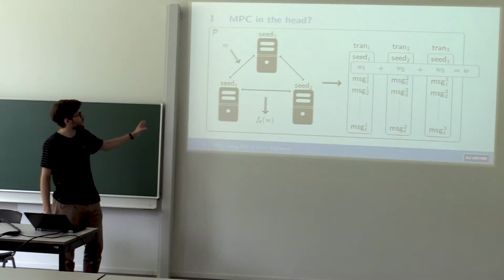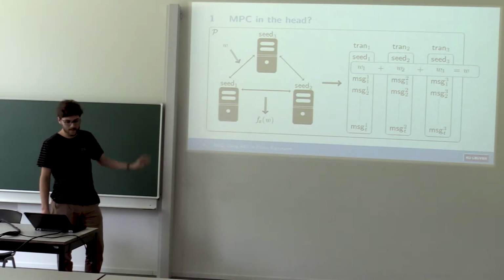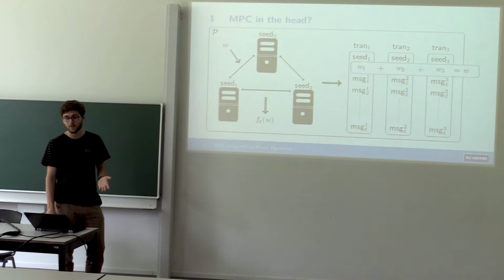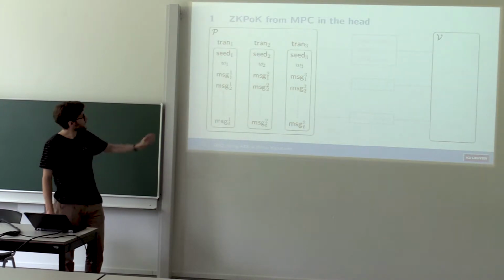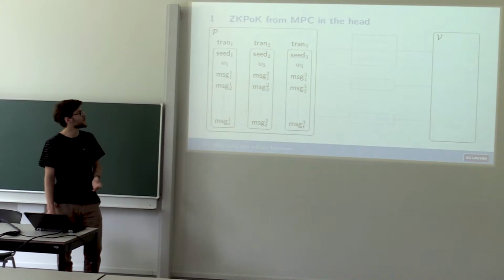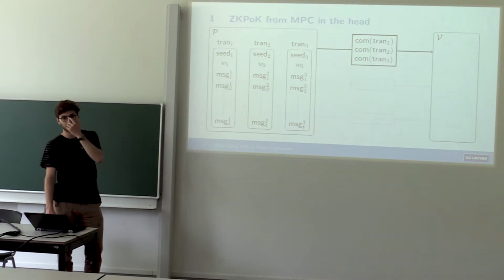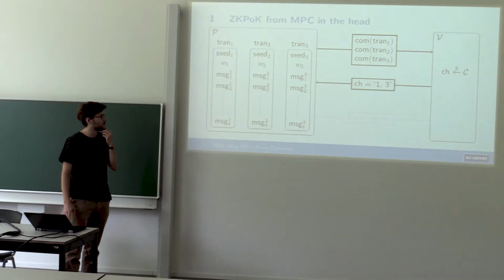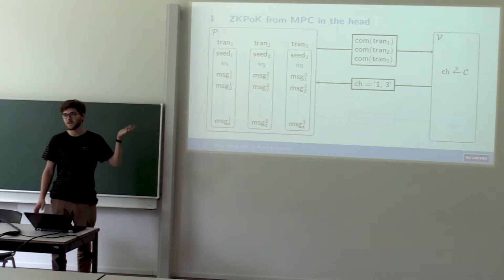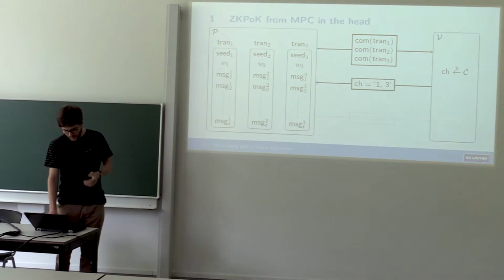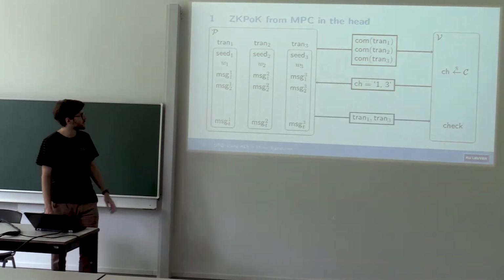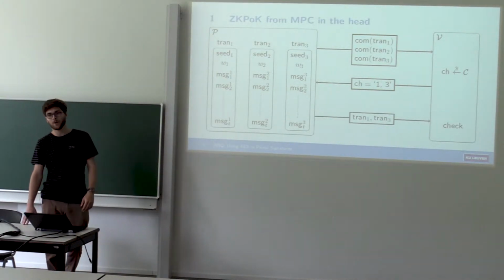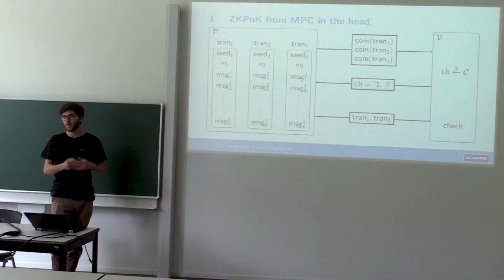So this is what the prover does. He does the MPC in his head. And how do we actually build a proof from that? He's got these 3 transcripts, and it's very much a Sigma protocol. He's going to commit first to these transcripts, and then the verifier is going to say, well, I want to look at parties 1 and 3. This is random every time. And then the prover is like, okay, sure, here is what party 1 and party 3 saw during the MPC execution.